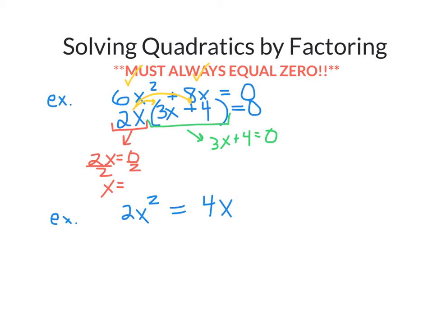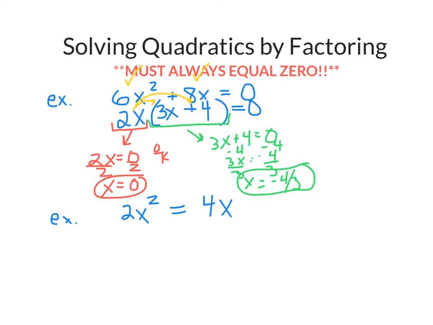Remember, it's okay to divide 0 by a number. And so 0 divided by 2 is 0. Here I'll subtract 4 from both sides. I'll get 3x equals negative 4. Divide by 3 and get x is negative 4/3. So those are our two solutions, and a lot easier than trying to complete the square.